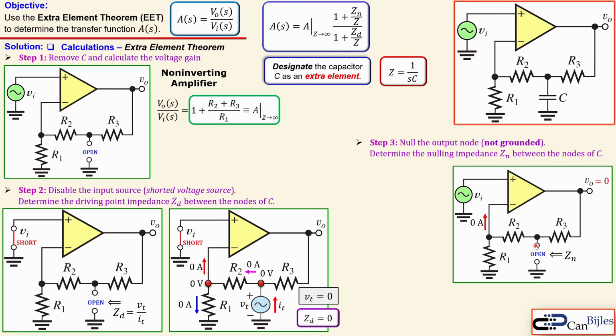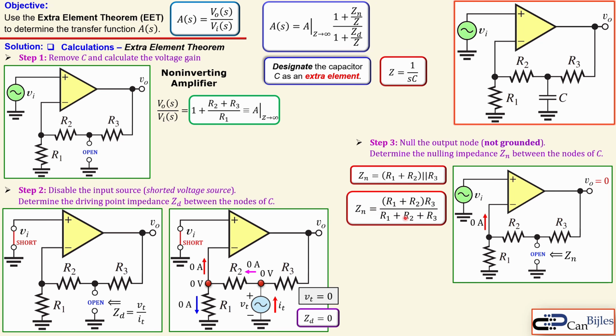So looking between the two nodes, the Zn will look on the left side and see R1 and R2. And on the right side, it will see the R3, and they are effectively in parallel. So we can write now the Zn as the series combination of R1 and R2 in parallel with R3. Now we can also work it out in more detail. So we will get the product of (R1 plus R2) in parentheses with the R3 divided by the summation.